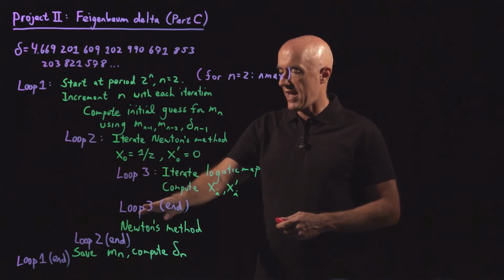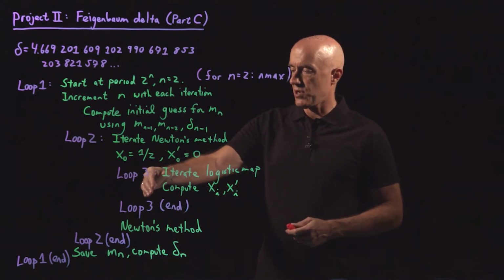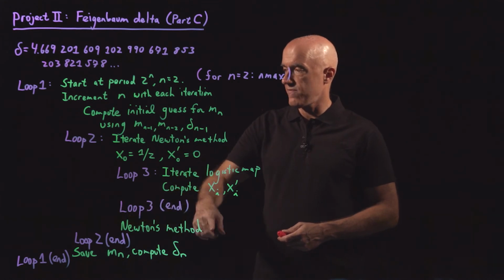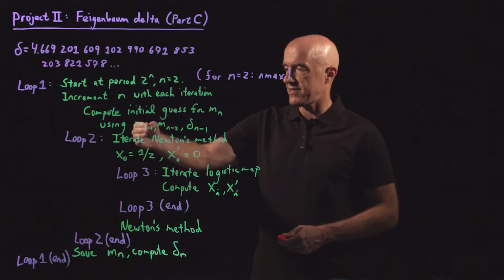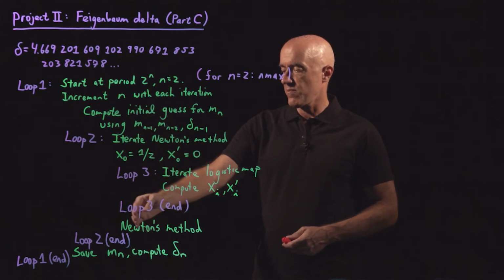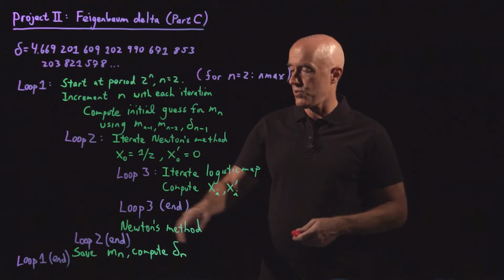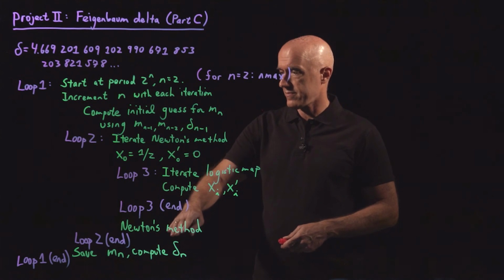So loop 3 ends after you've finished iterating the logistic map a capital N times. Then we can apply the formula for Newton's method to get a slightly better estimate for m. So we apply Newton's method on mu, g of mu, to try to get a better estimate for m sub n.